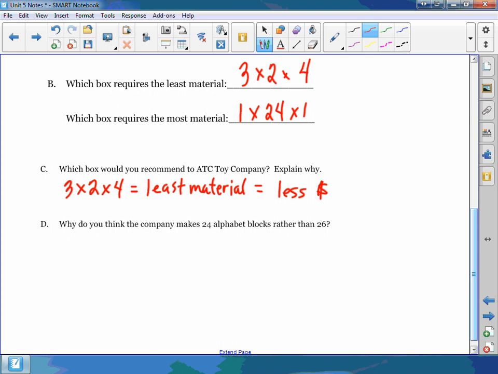So yes, the difference between those surface areas is minimal. Now, I don't profess to know exactly how much packaging, maybe cardboard, costs per square inch. It might be like 1/10 of a cent per square inch. And you might think, well, that difference isn't very much, but what if they make 1 million of these boxes? That certainly would add up over time. So I would stick with this one right here for that very reason.